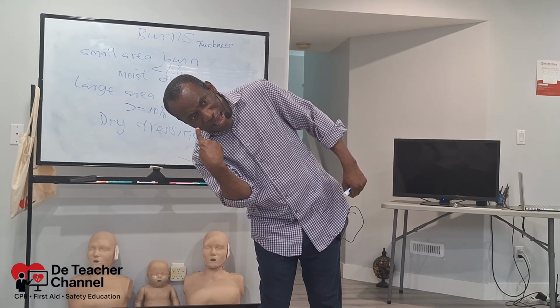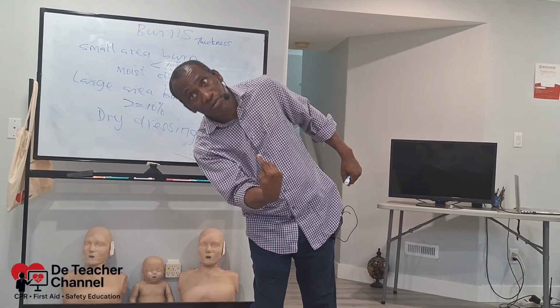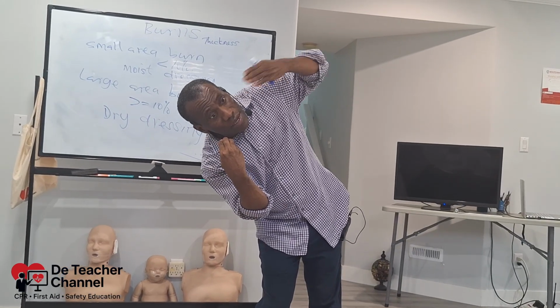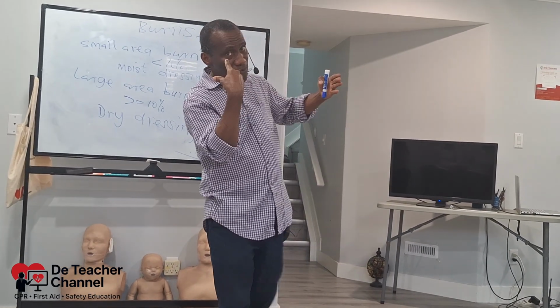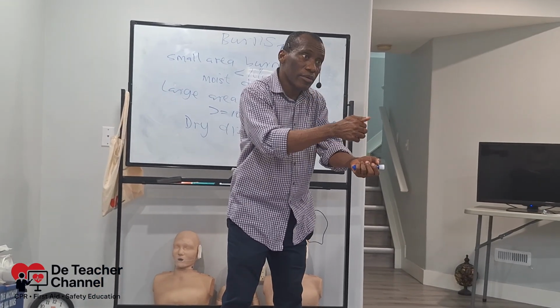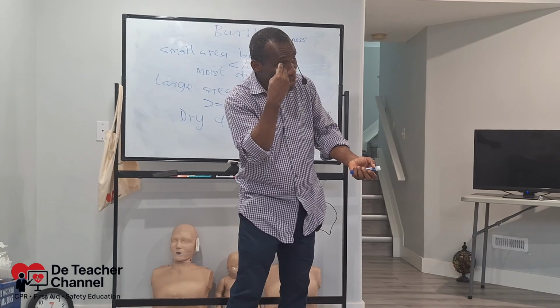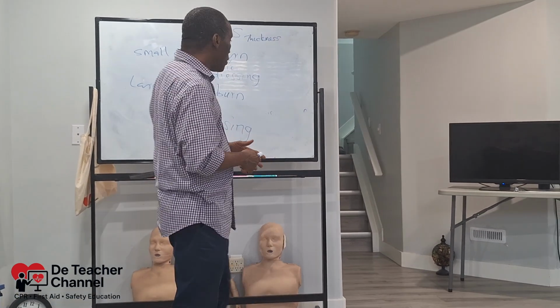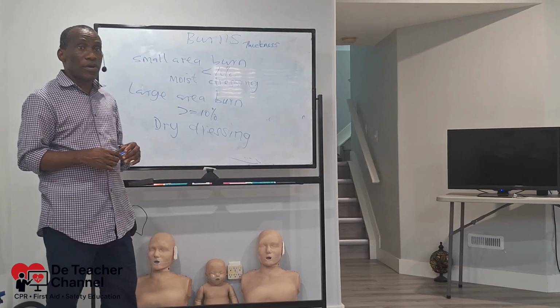The affected eye is down, so you can flush it without affecting the other one. You use water, cool water usually, and flush it until the pain goes.